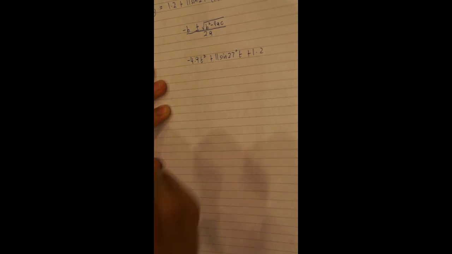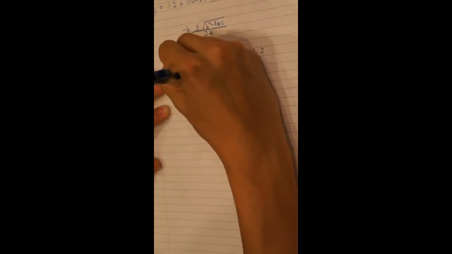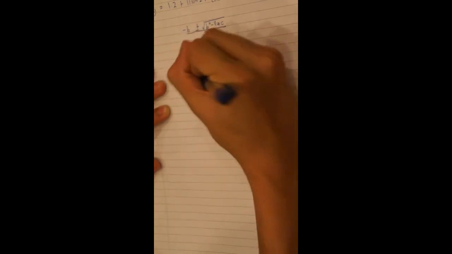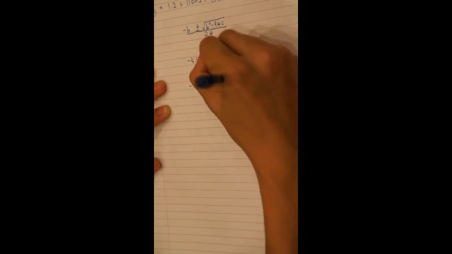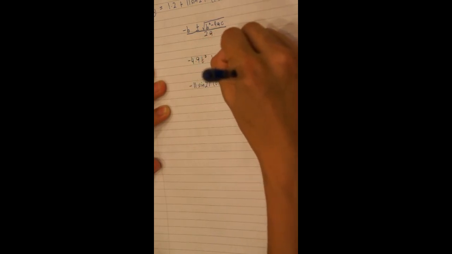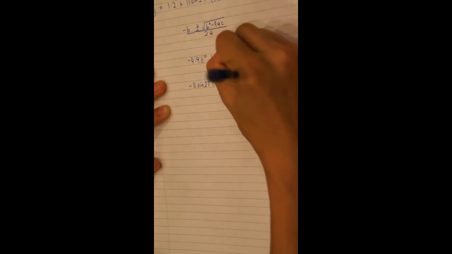Alright, so minus b would be negative 11 sine 27 degrees, plus or minus square root of 11 sine 27 degrees squared.